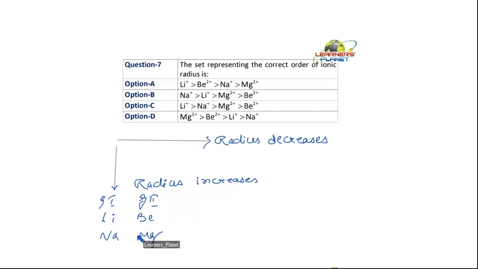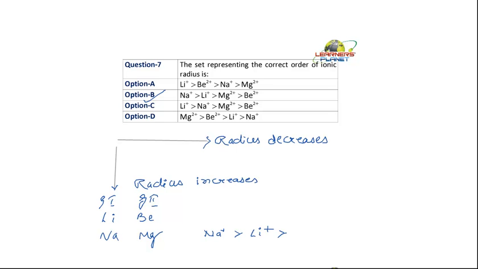Now Li and Mg have a diagonal relationship over here. So which will have the largest radius? Your sodium ion will have more radius than Li. Li will have more radius than magnesium, and this will have more radius than beryllium. So I've got my answer.